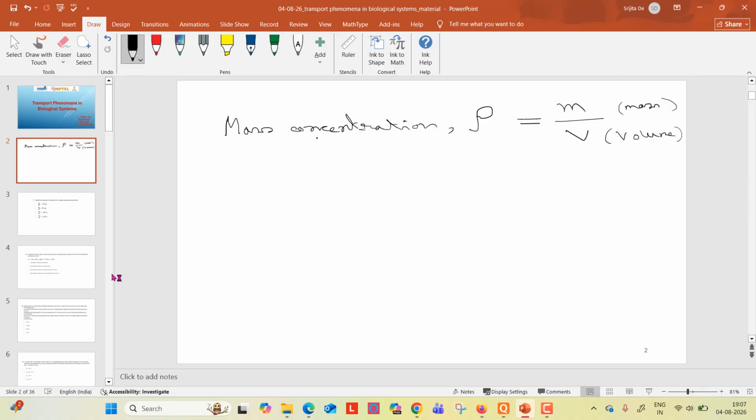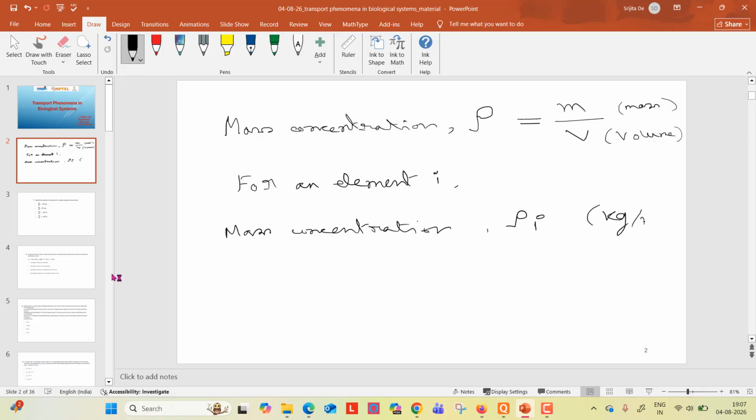So here, for an element i, suppose we are defining mass concentration, then we will define it as rho i. The unit should be kg per meter cube, as you can see from the definition, right?